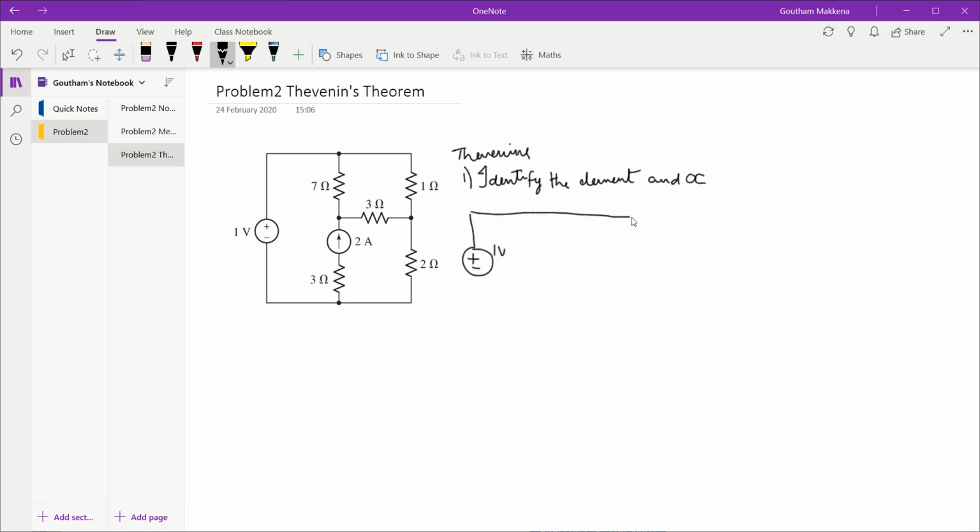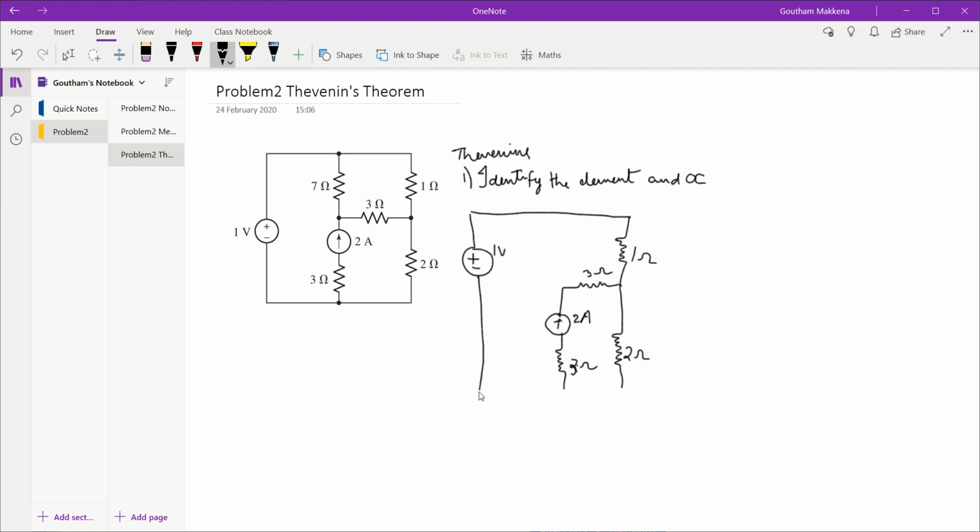This is my 1 ohm resistor, and this is my 3 ohm resistor. This is my 2 amps independent current source. This is my 3 ohm resistor, and this is my 2 ohm resistor. Sorry, this is 3 ohm and this is 2 ohm.